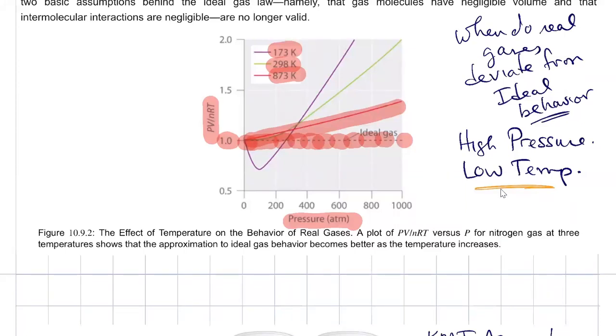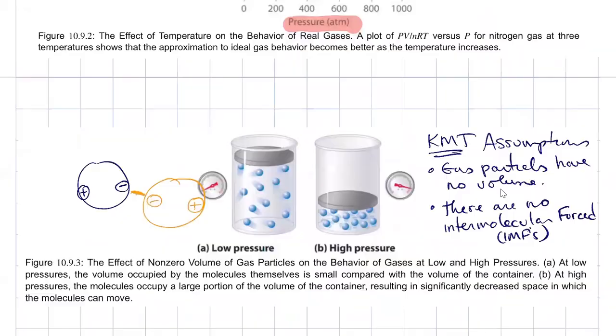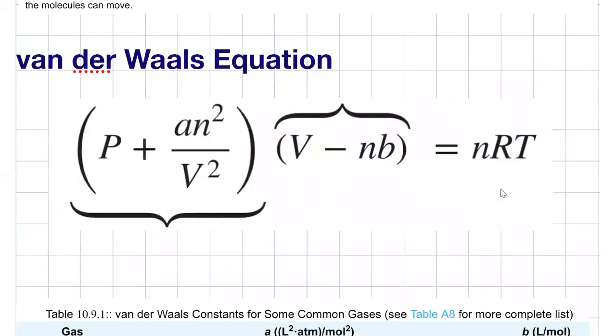All right, so hopefully you understand now when gases behave ideally and when they behave non-ideally, and why. Now, there is a mathematical equation. I want you to write this down. It's called the van der Waals equation, for a Dutch fellow, Johannes van der Waals, I think his name was.